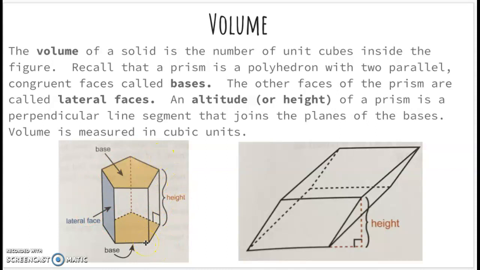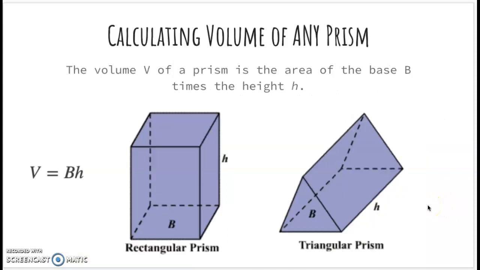That's really important to think about because sometimes our shape is not sitting on its base, but will be tipped over, sitting on a lateral face, like you see over here. Our 2 congruent bases are the parallelograms that you see, and then we've got our lateral faces, which is what this prism is sitting on.